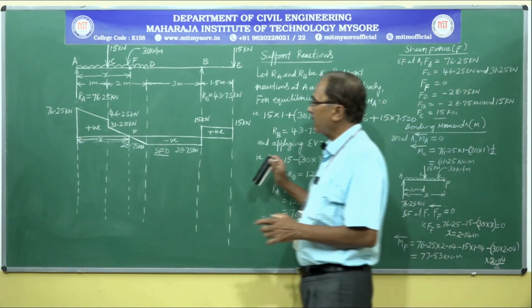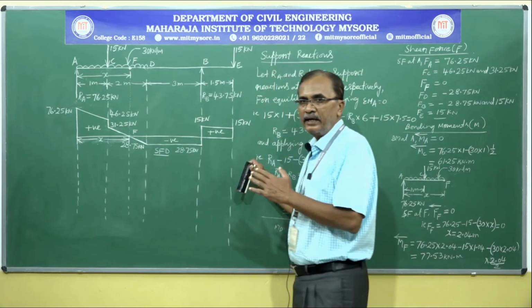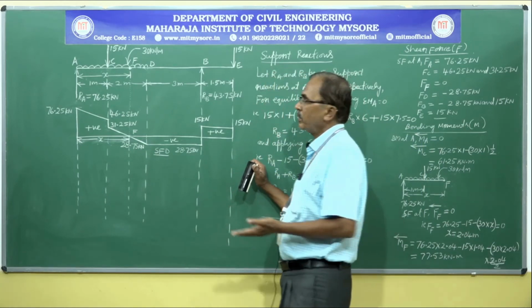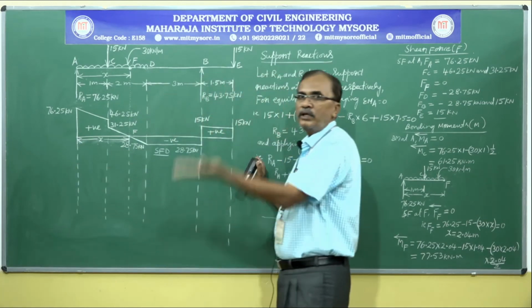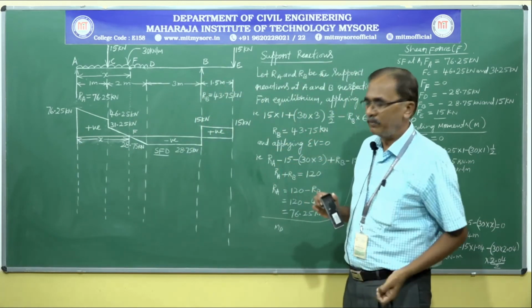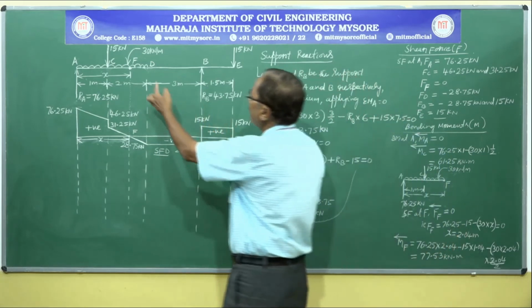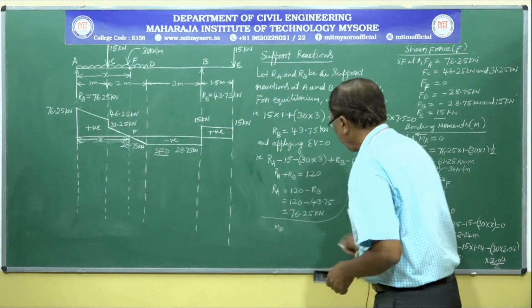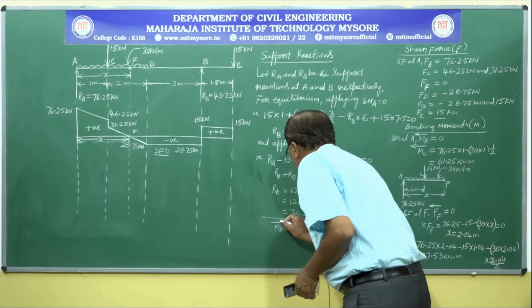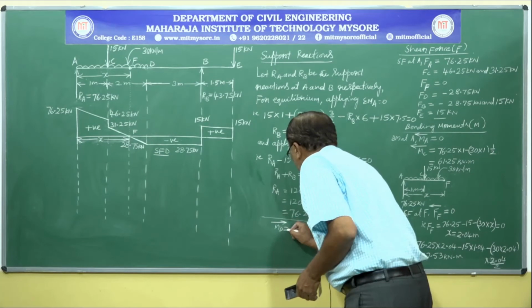For easy calculation purpose, we consider the side having minimum number of forces. Whether you consider forces to the left of the point or to the right of the point, we will get the same value. So, let us consider the forces acting to the right of the point D, MD, by considering forces to the right side.